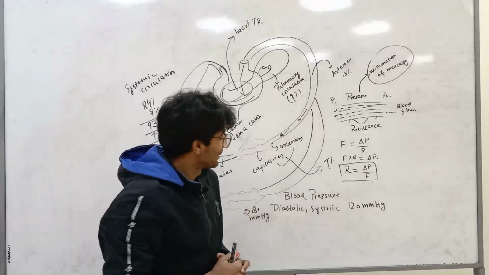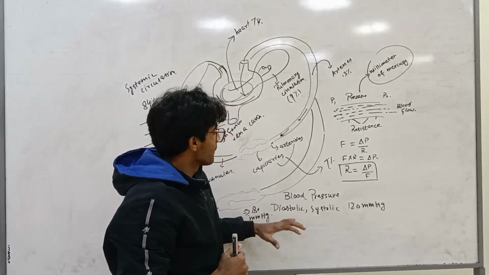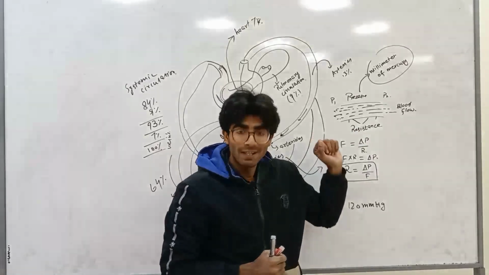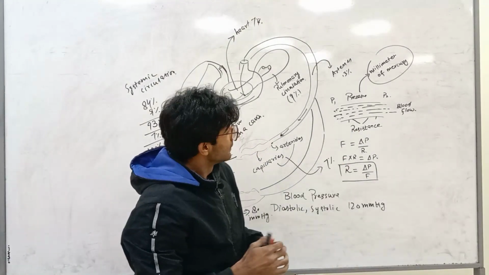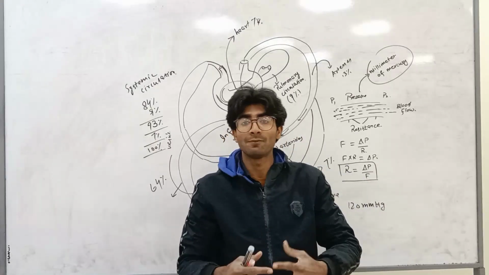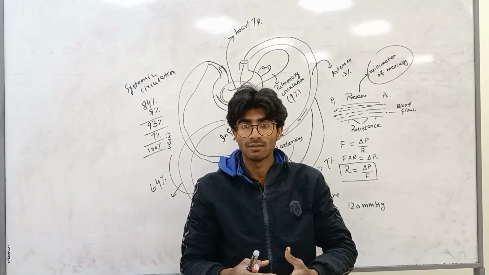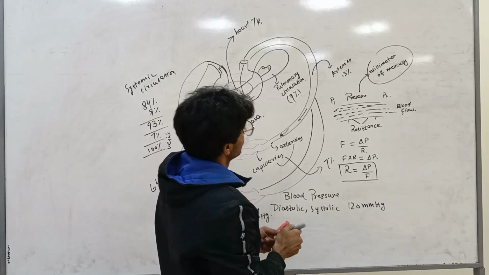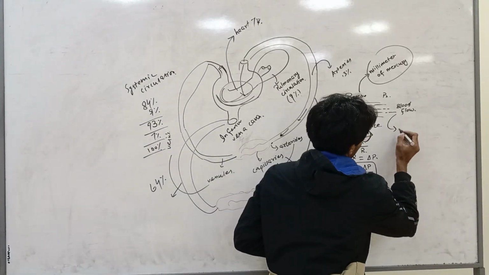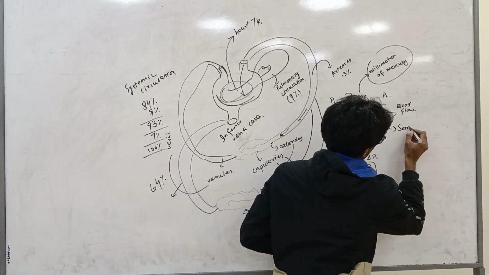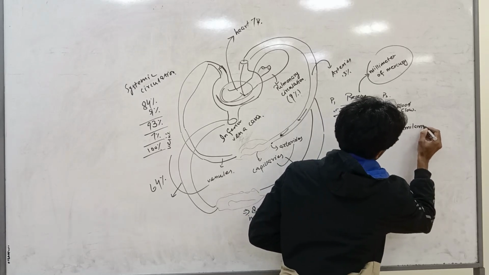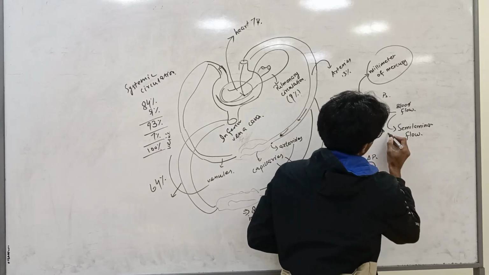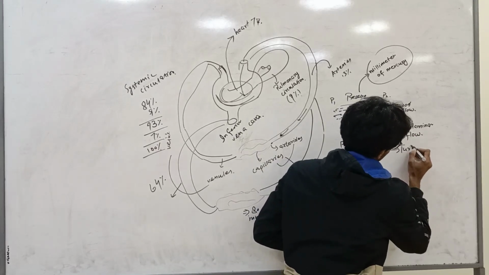Another point I want to explain to you is that in the blood circulation we have blood flow. This blood flow has different types, different methods. One method is known as laminar flow, another is turbulent flow.